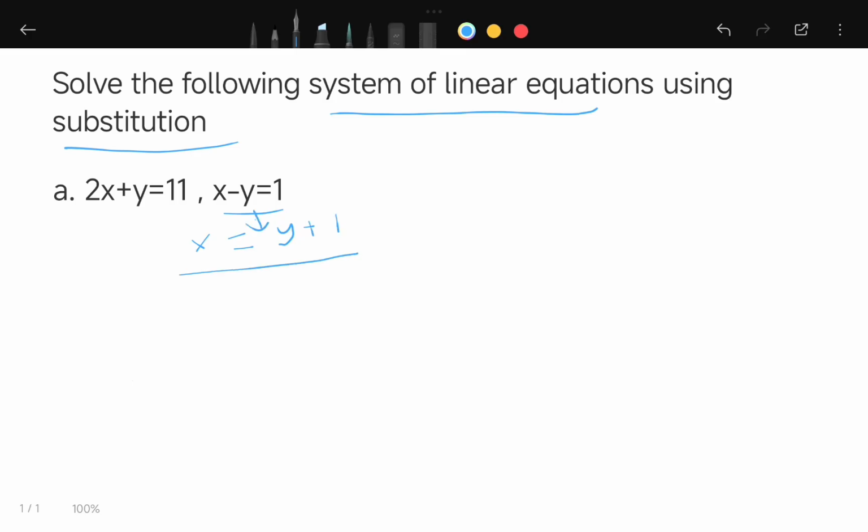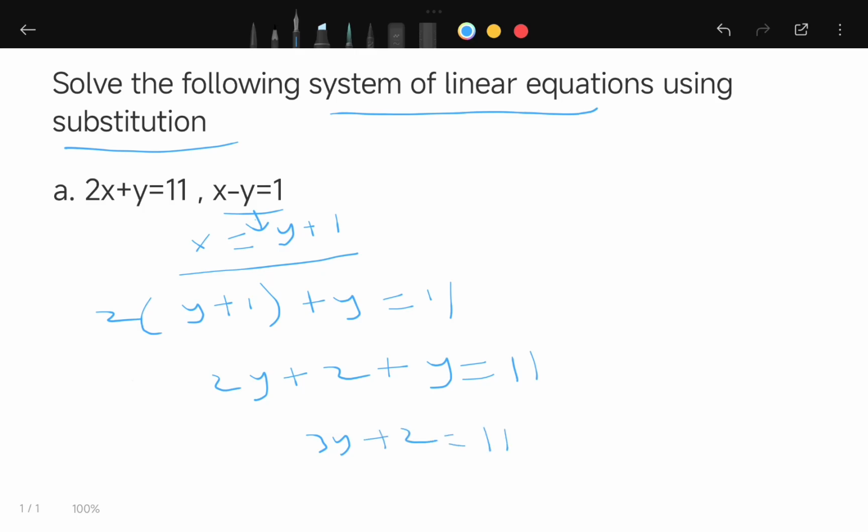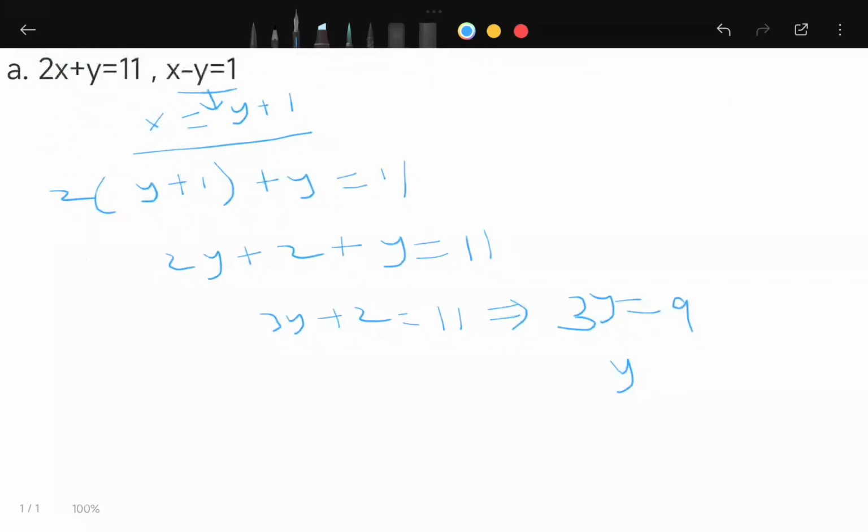So if we replace the x value in the first equation, it becomes 2 into y plus 1 plus y equals 11, which is 2y plus 2 plus y equals 11, which is 3y plus 2 equals 11. This implies 3y equals 9, which implies y equals 3.